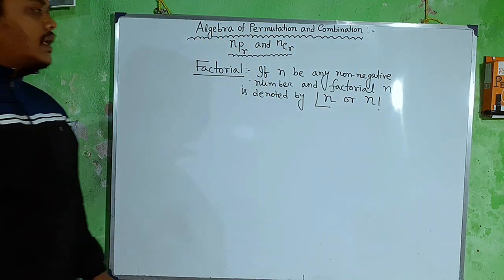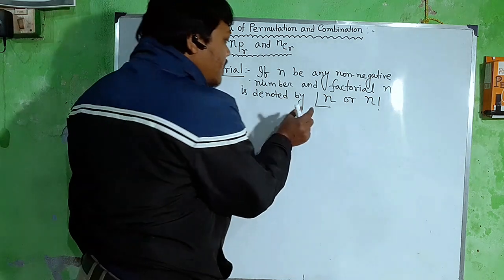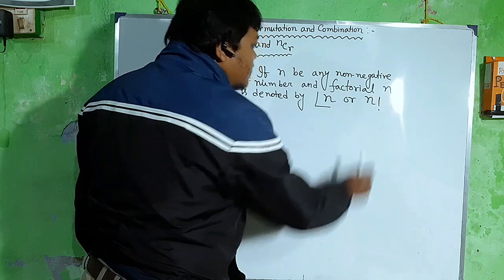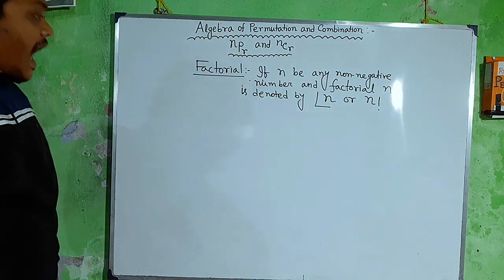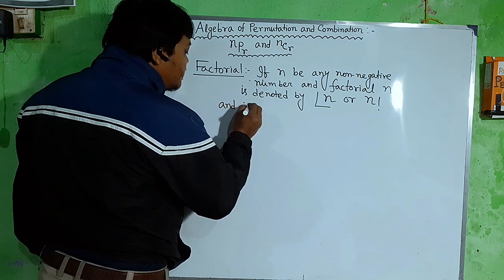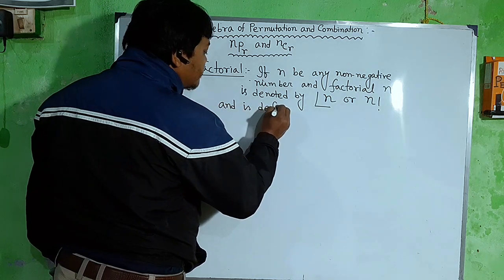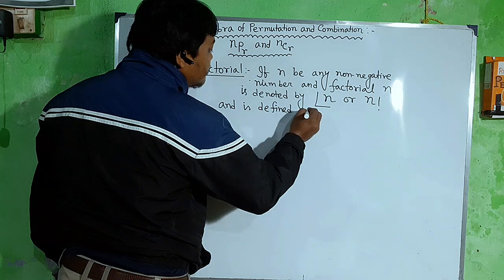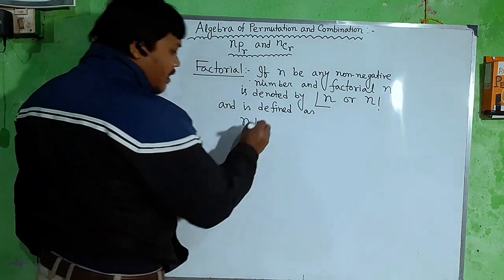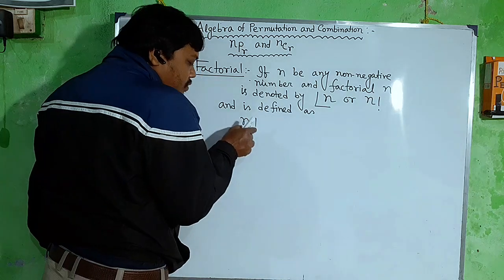The factorial n is denoted by either this or n exclamation symbol, and is defined as n factorial. I am familiar with this notation.